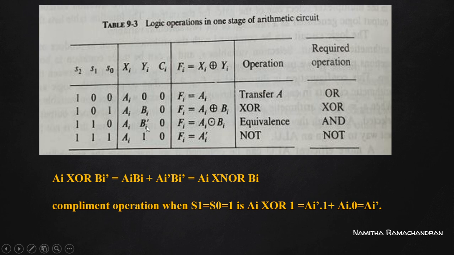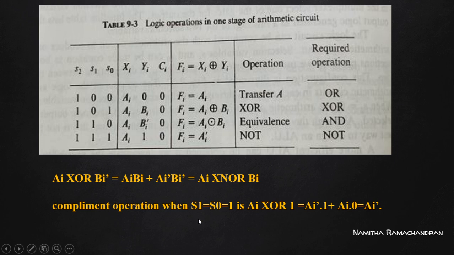Then it becomes Ai, Bi complement, all complement is Bi itself, plus Ai complement, Bi complement. This is actually Ai XNOR Bi. That is represented here. The obtained full adder output now becomes the XNOR operation with these two inputs.